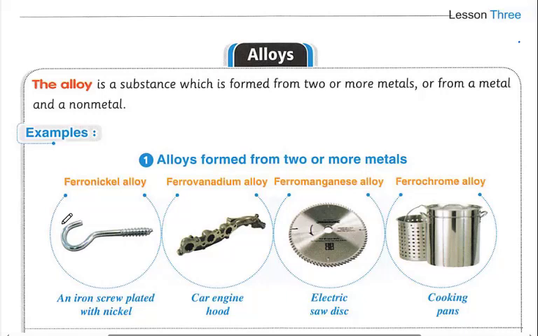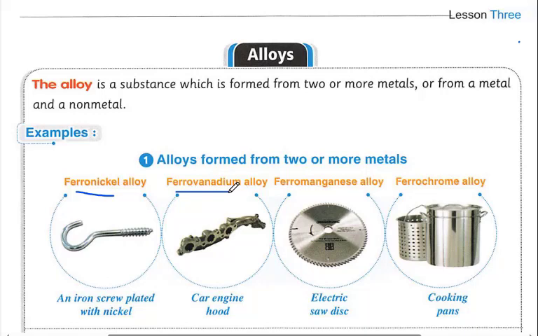Here we have nickel. So this is an iron steel screw plated with a very small layer of nickel. So it is a ferro-nickel alloy. And there is also a ferro-vanadium alloy.